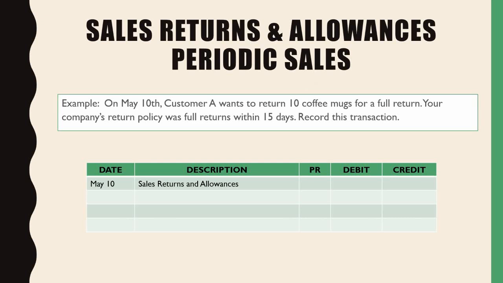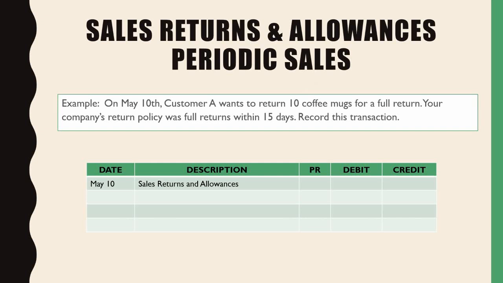We're going to be dealing with a sales returns and allowances account. Good. Okay. This is going to be a contra account, right? It's going to initially reduce your sales. Sales is completely finite, as in that's it, it's done for. But in order to reduce it, we're going to create a contra account, which is sales returns and allowances, okay?